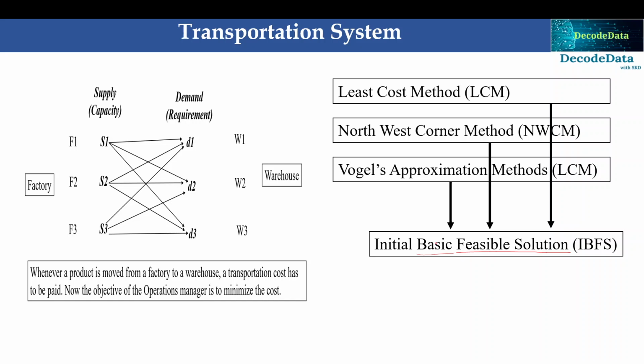So that's why it's called basic. And why is it initial? Because this is the first solution you will get once you solve with any of these 3 methods. Clear?